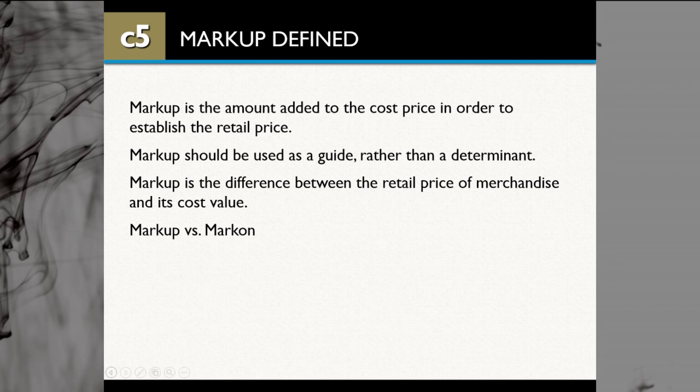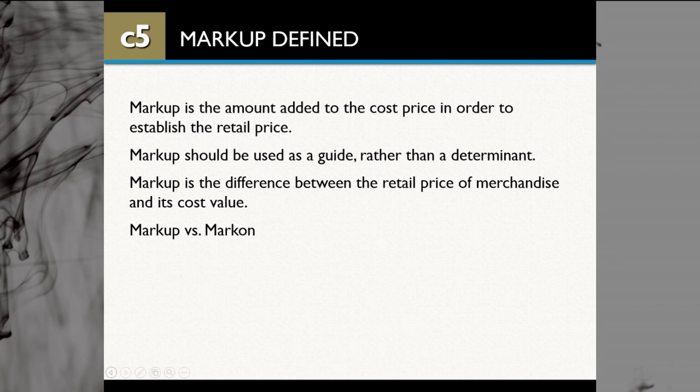Before we talk more about markup itself, I also want you to know the difference between markup and mark-on. Oftentimes we use markup as the added amount for individual items. In this chapter, we're going to talk about it with a group of items as well. Mark-on is a concept more applied at the manufacturer level.